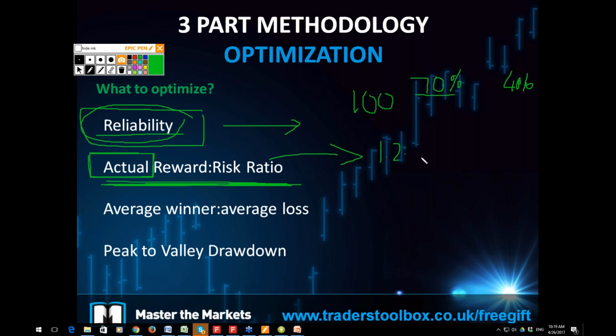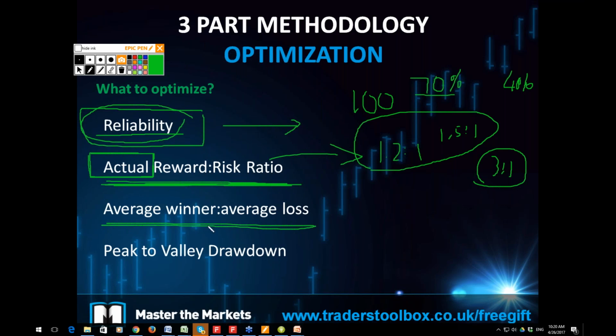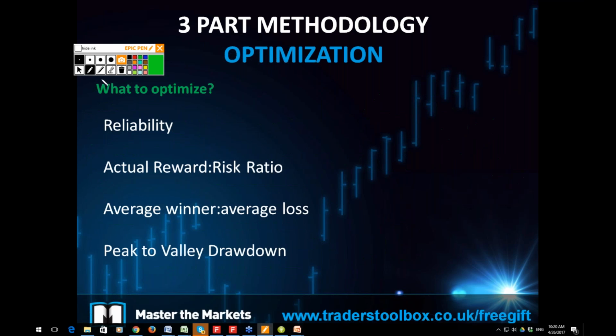Is it 1.2 to 1, 1.5 to 1? Because your expected can be 3 to 1, but actually, in terms of your results, black and white, how much are you making on average? That's what I'm asking. And this one is pretty much similar: average winner to average loss. And then we're asking about peak to valley drawdown. This is important as well because it tells you about your drawdown. Very important. Okay, great.